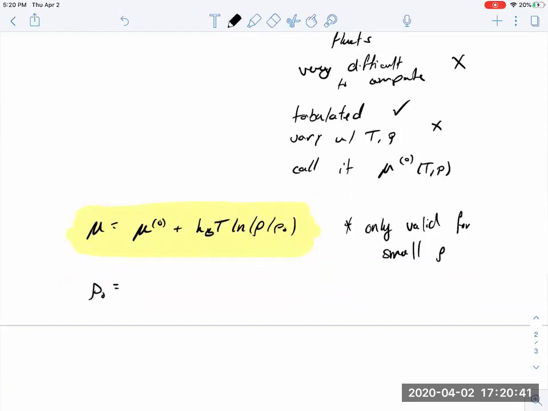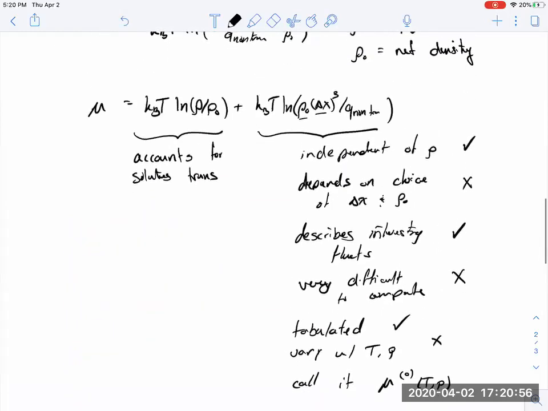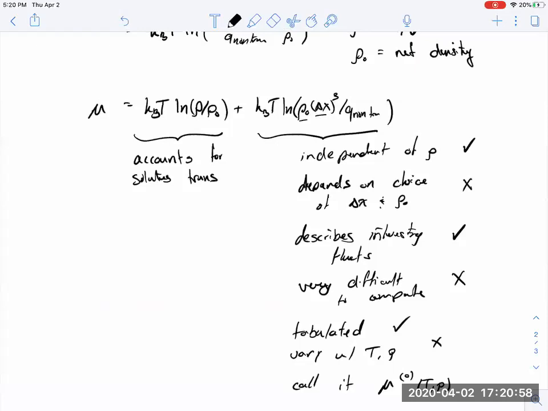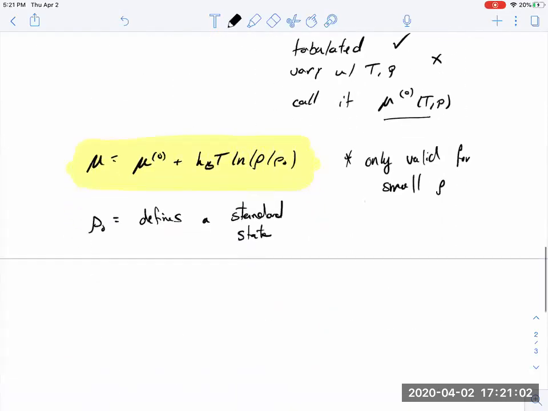And let's state explicitly that this rho naught essentially defines a standard state. The choice of how we partitioned these two terms in the chemical potential set what we must call this standard state chemical potential. And part of that choice was that reference density we chose.